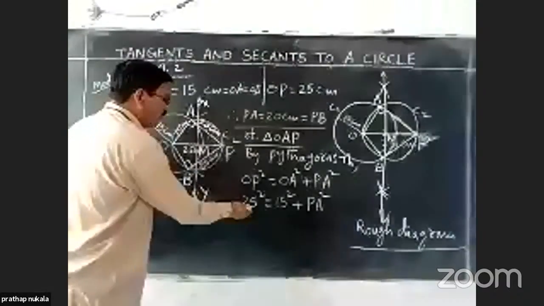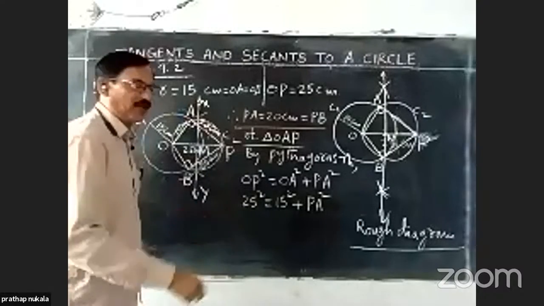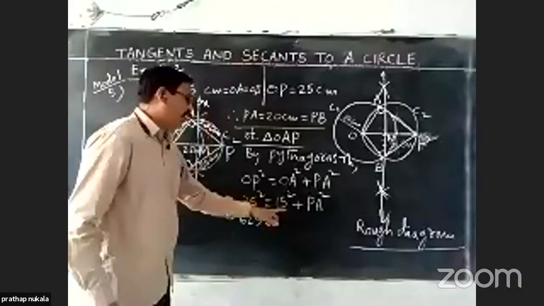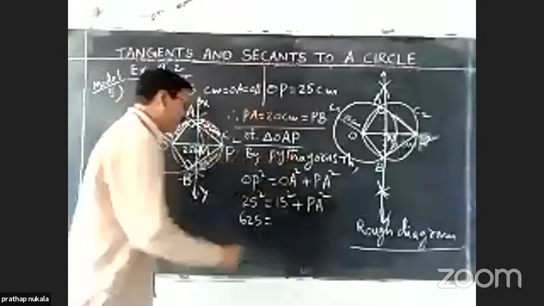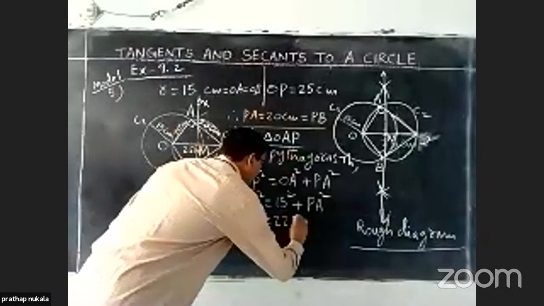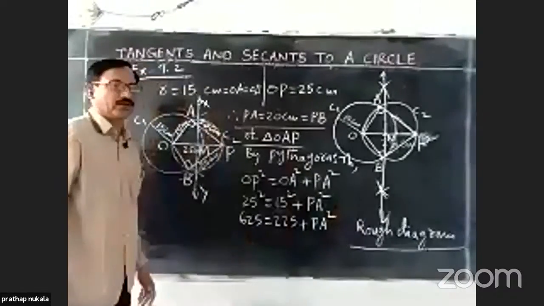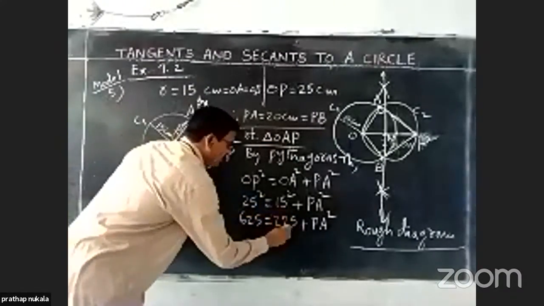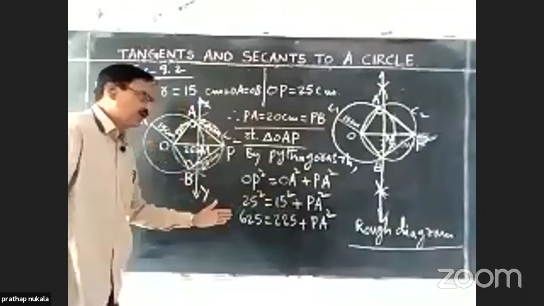Now, what is the square of 25? We already know the value, it is 625. And the square of 15, 15 into 15, we know is 225, plus PA square. Now transpose 225 from the right side to the left side.